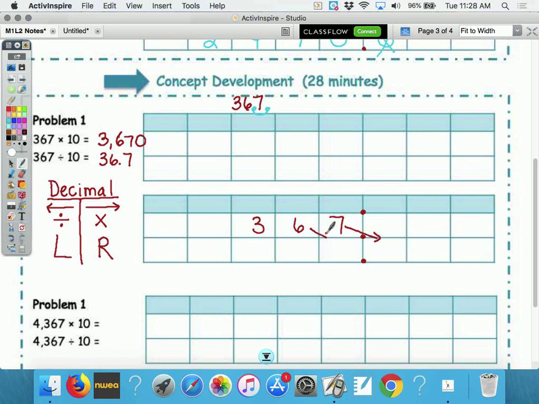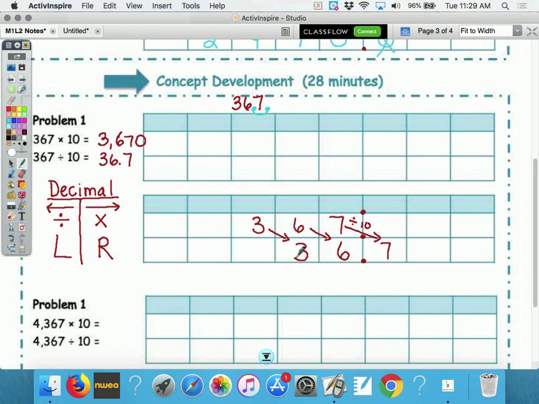To the right. Divided by 10. We've got a 7, a 6, and a 3. Is that what we got when we did the decimal hop trick? Yep. So it works, doesn't it? And how many of you like it better than sliding the digits over? A lot less writing, isn't it?